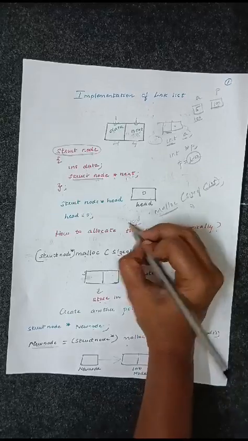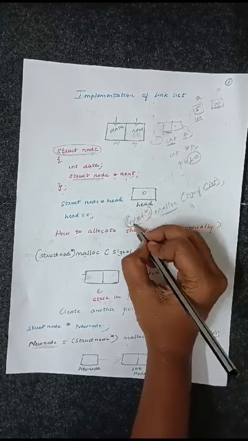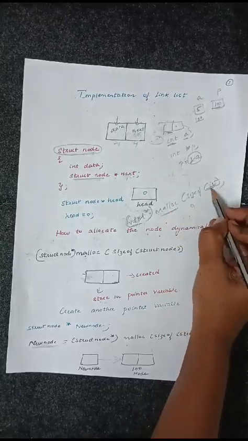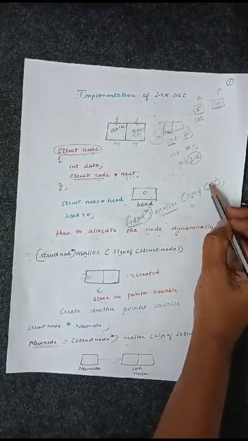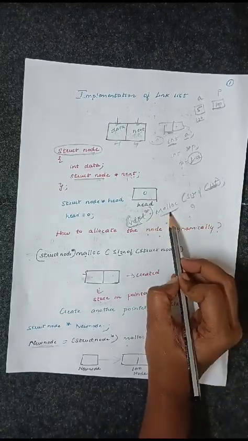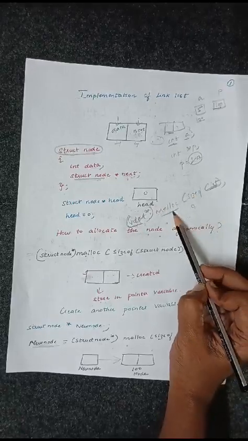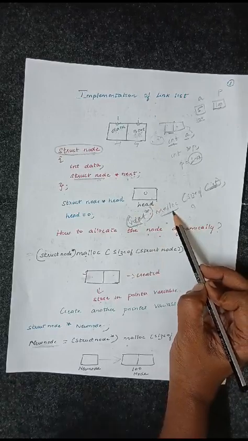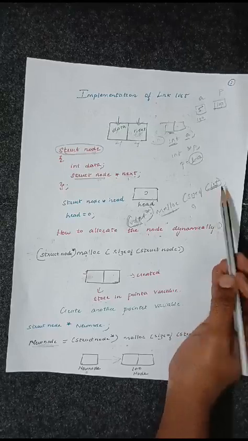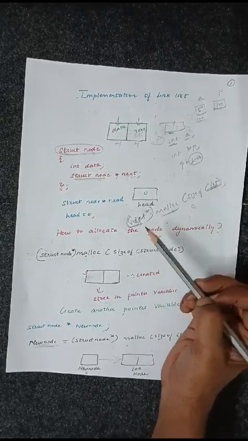So in brackets I have to put int asterisk, malloc, sizeof integer data type. Whatever data type I am using, I have to typecast to it, because malloc always returns a generic void pointer. If I'm using integer, I typecast to integer. If I'm using float, I typecast to float.